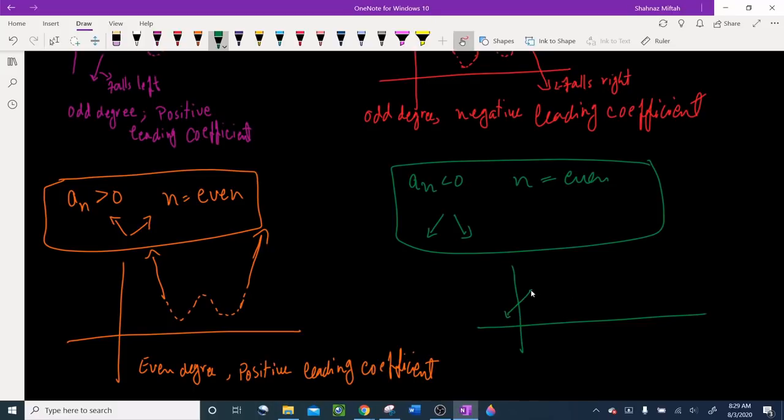It falls, there. It also falls to the left and falls to the right. And it's even degree and negative leading coefficient.